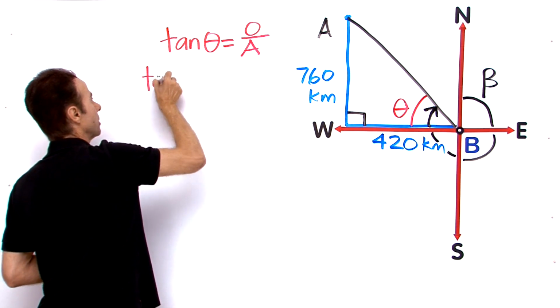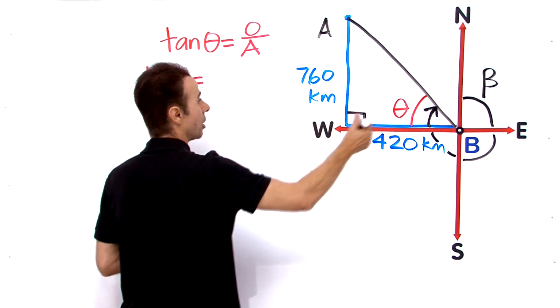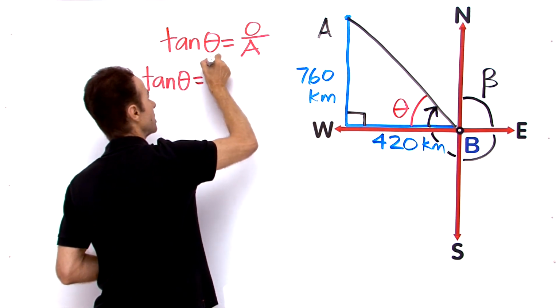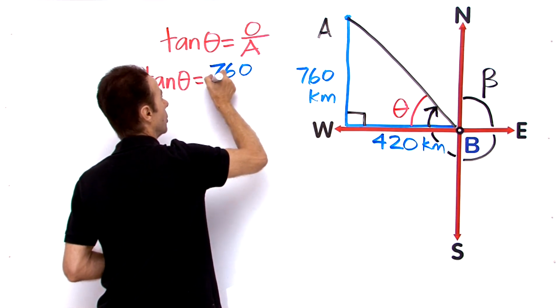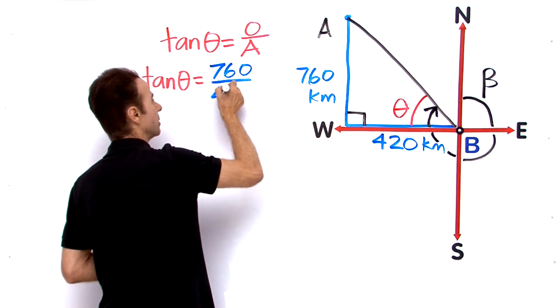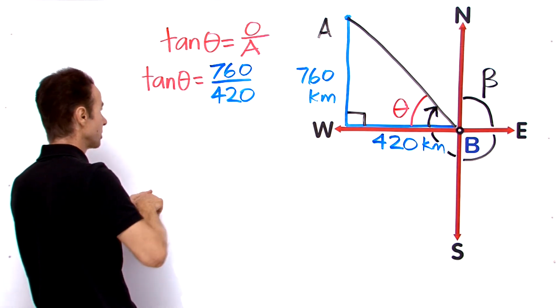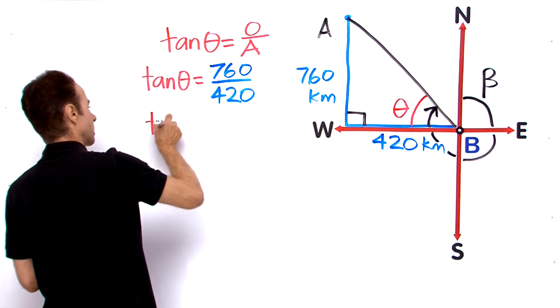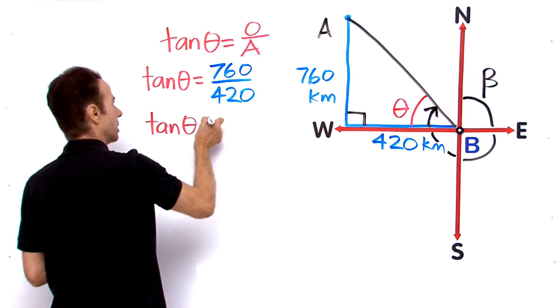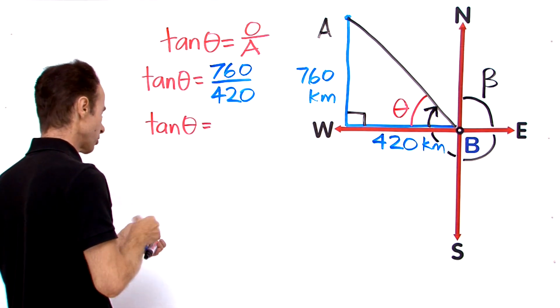So tan theta is equal to opposite, and the opposite directly is 760, all over adjacent right here, 420 kilometers. Okay, let's work what that is. So tan theta equals, on your calculator, 760 divided by 420.